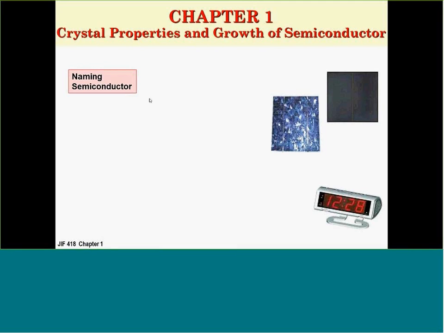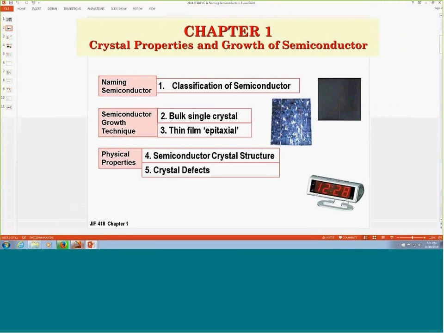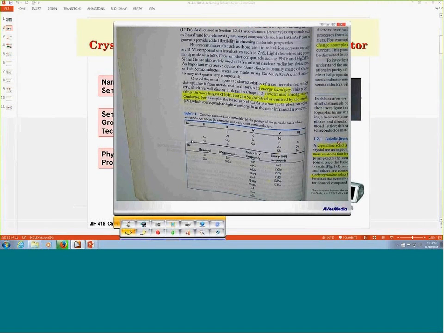If you look at page 2 of your textbook, you'll see there are different names. How do we classify these semiconductors?